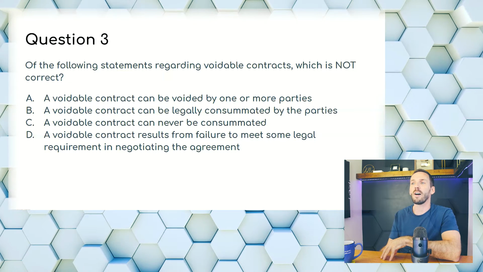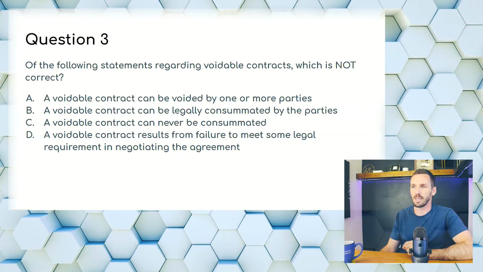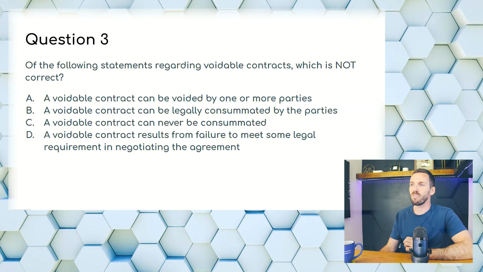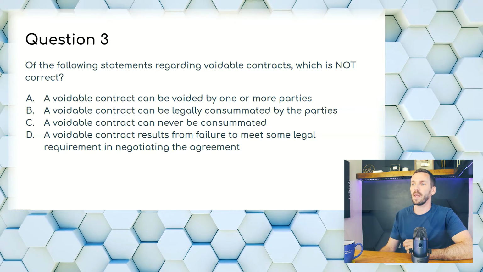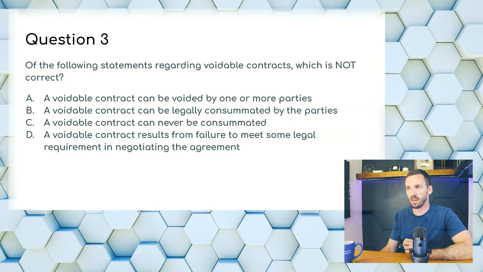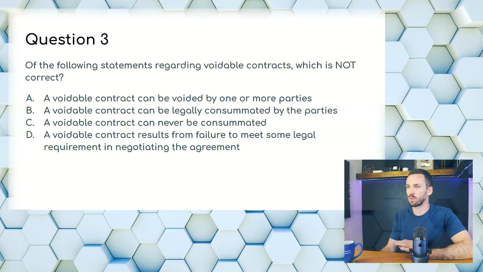Question 3. Of the following statements regarding voidable contracts, which is not correct? A voidable contract can be voided by one or more parties. A voidable contract can be legally consummated by the parties. A voidable contract can never be consummated. Or, a voidable contract results from failure to meet some legal requirement in negotiating the agreement.